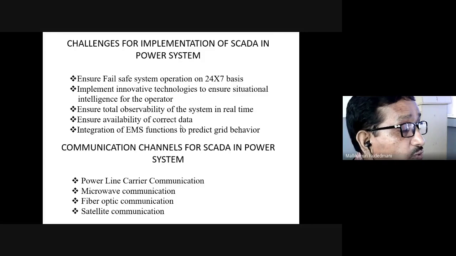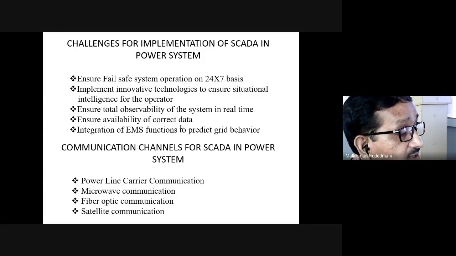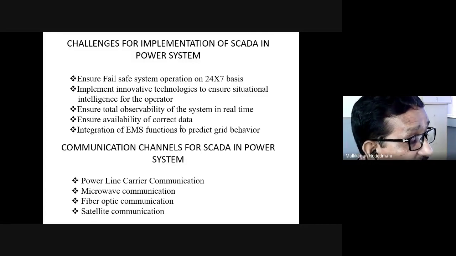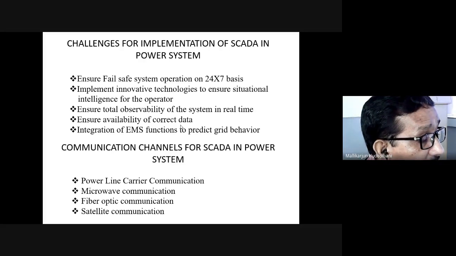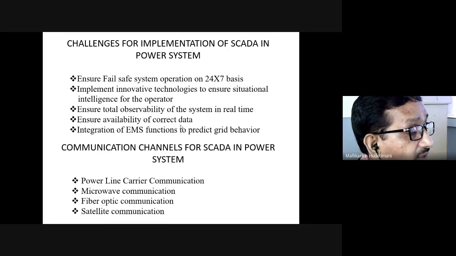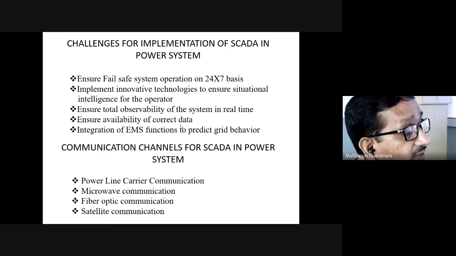Because the real field is far away and the energy control center is somewhere else, it is connected by communication signals or data, on which the computational aspects and state estimation analysis results give a data on which the control is exercised, to see to it that appropriate operation is always preserved in the plant. So if the data itself is wrong, the output would definitely lead to an erroneous result only.